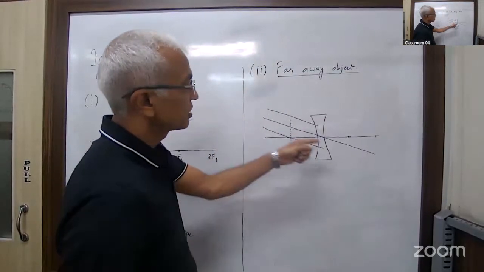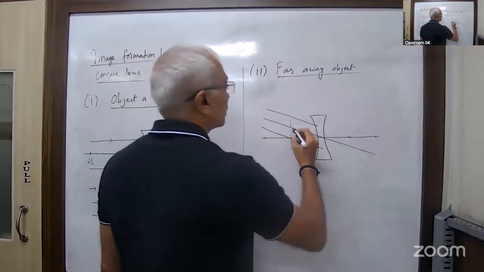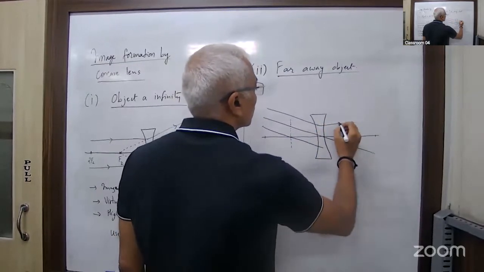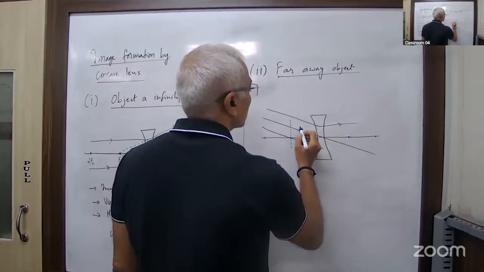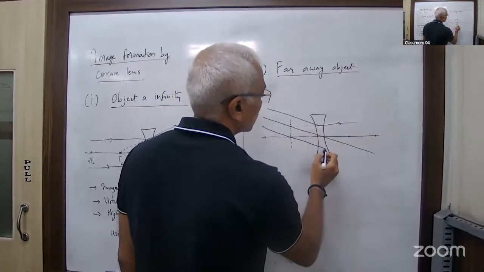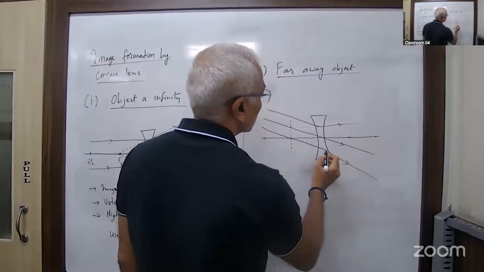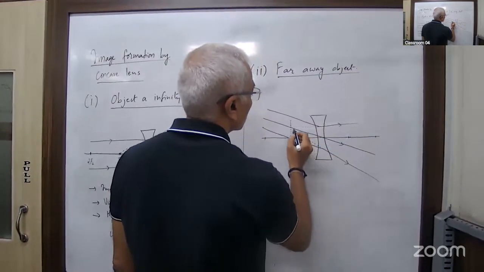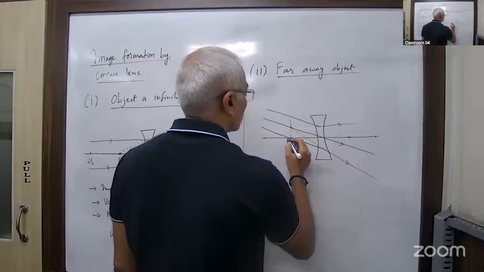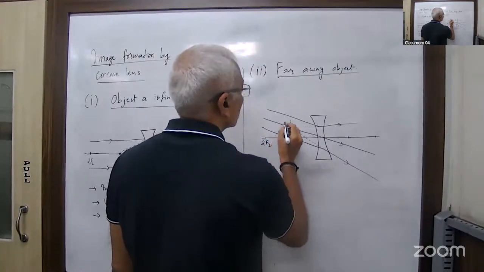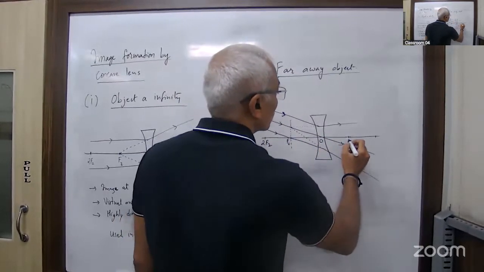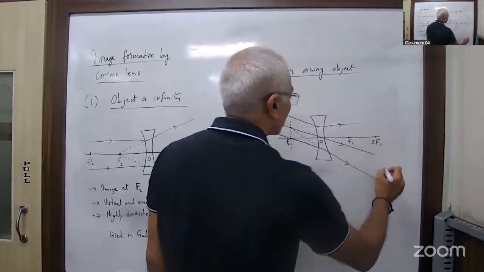So wherever this ray passing through optical center is cutting the focal plane, this is where the image will be formed. Yeah. This is F2, F1 and O. ठीक है?